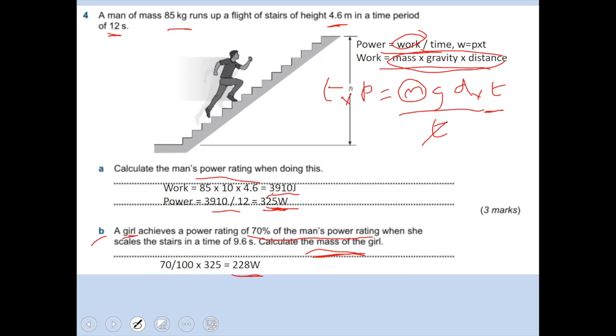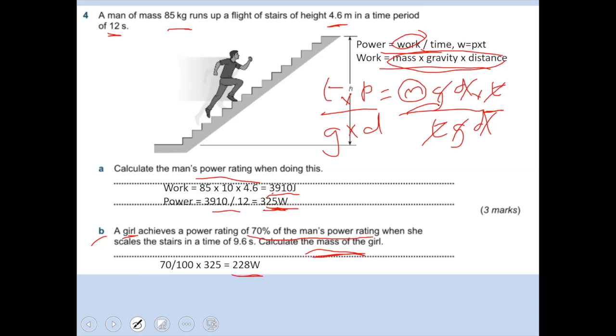T divided by t is 1, and times anything by 1, it disappears. Next, I want mass on its own, so I want to get rid of g and d from this side. So I'm going to divide by g times d on both sides. This cancels through to 1 and disappears. So I now have t times p divided by g times d equals the mass. I've rearranged the equation to make mass the subject.